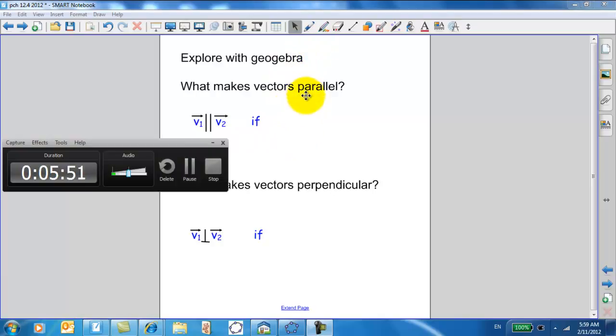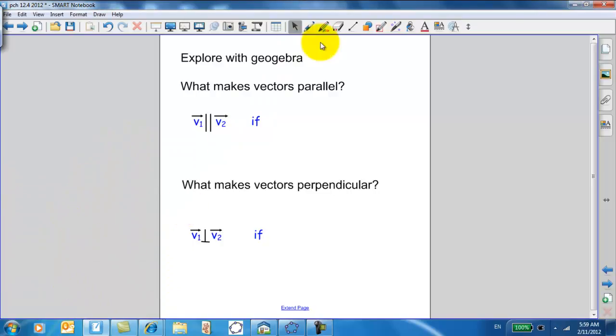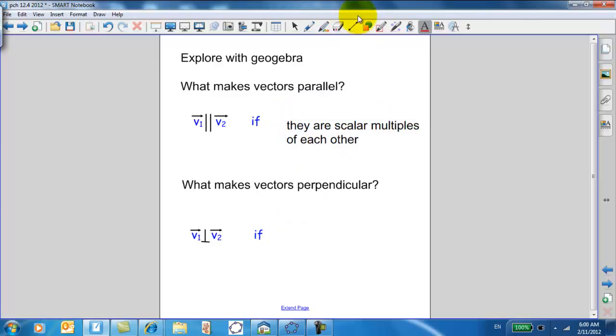Okay, so what did we learn from GeoGebra? That if we have vectors that are parallel, they're parallel if they're scalar multiples of each other. What makes vectors perpendicular, though, is a little trickier.